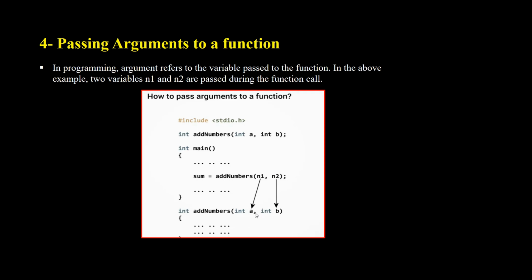The number of the parameters changes according to the function. Some function doesn't need any parameters. For example, here it can be empty. Some function need just one or two or three. The most important thing that you have to know, if you call the function with two parameters, in the function definition, we have to find two parameters.